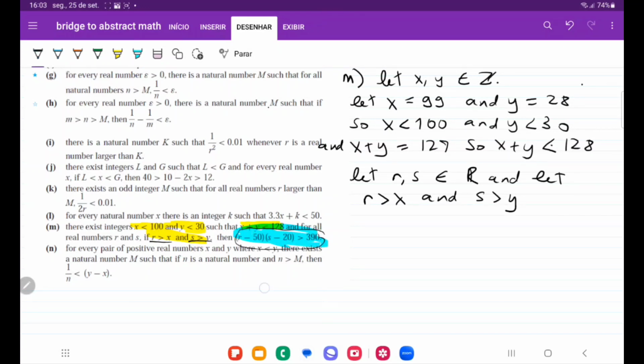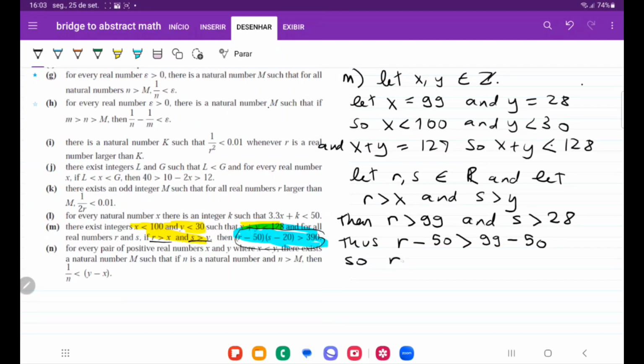Okay, so if this is true, then r is going to be greater than 99, right, because x is equal to 99, and s is going to be greater than 28. So if we have this, thus r minus 50 is going to be greater than 99 minus 50, which is greater than 49.